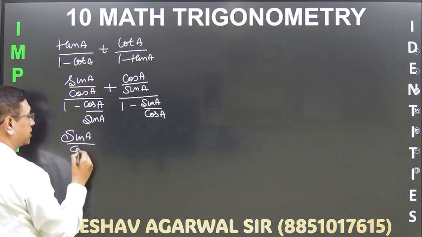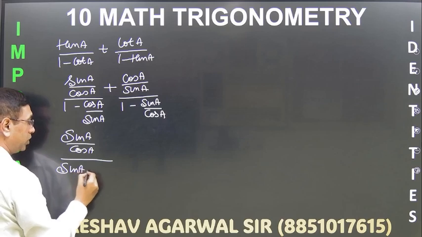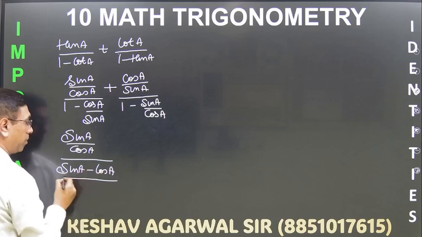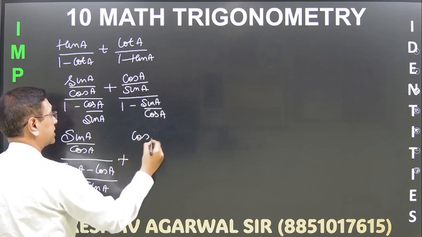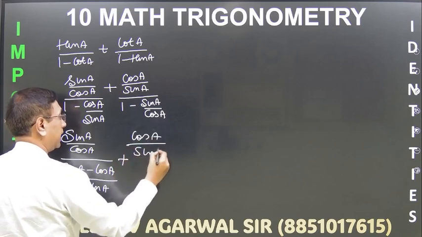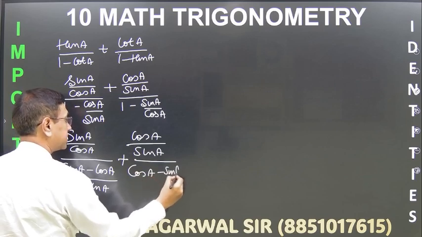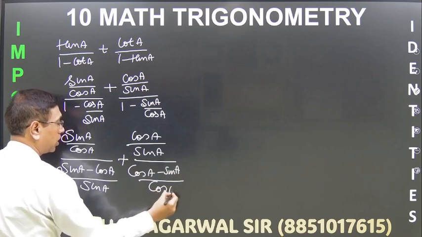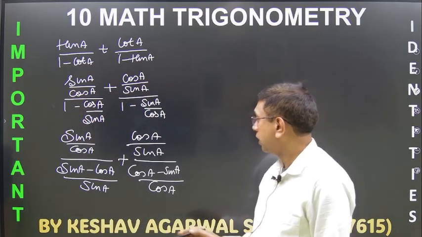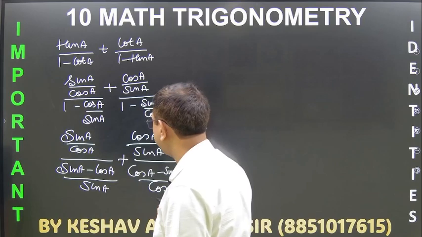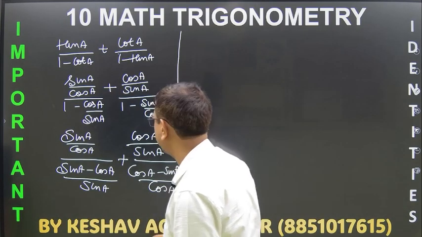Sin A by cos A, and 1 minus cos A upon sin A, and the plus in between, cos A by sin A upon 1 minus sin A upon cos A. So that is what we are going to get. Now let's see what is the final thing we are going to get.